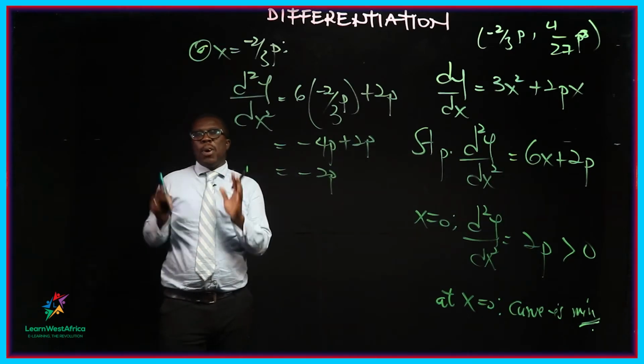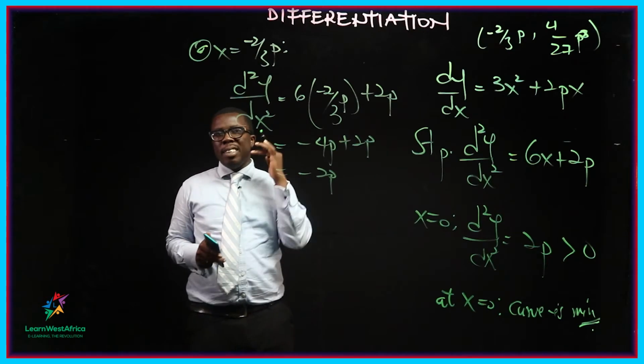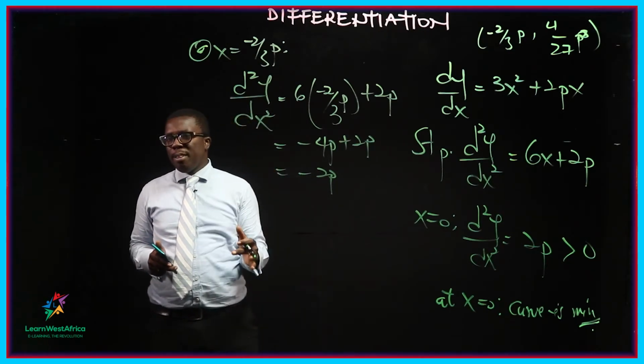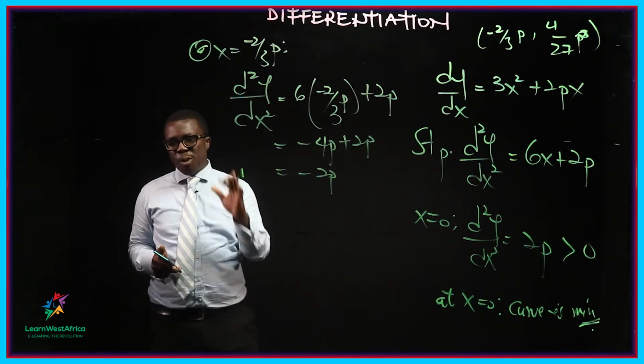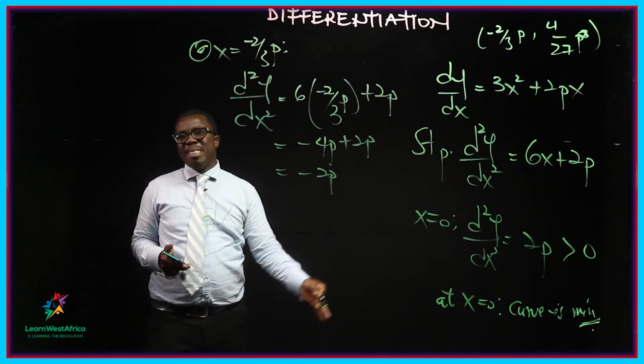All right, so at the point x equal to minus 2 over 3p, the second derivative, d squared y over dx squared, is negative. What's the conclusion? Anytime your second derivative is negative, your curve is maximum.